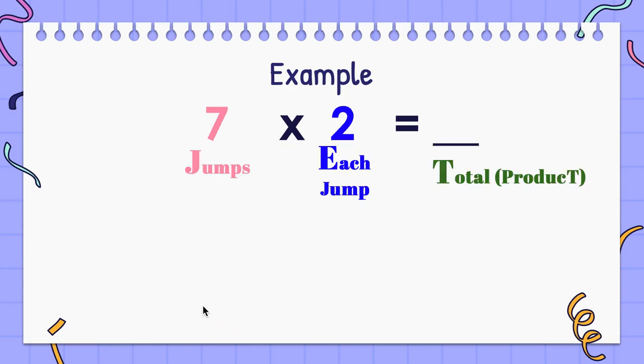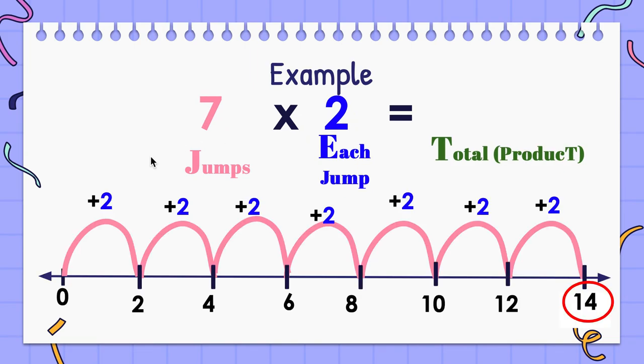On this next example, we have 7 times 2. We'll be making 7 jumps on the number line, and each jump is worth 2. So here on the number line, we have our 7 jumps, and each one is labeled with plus 2. And if we look down at the number line, we see that each place where the jump lands is labeled.